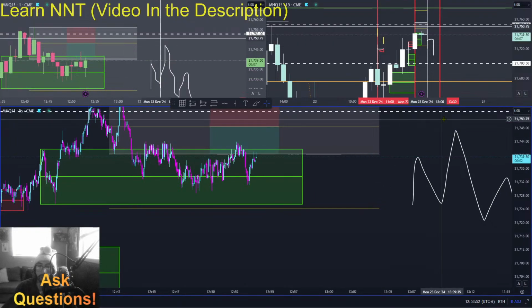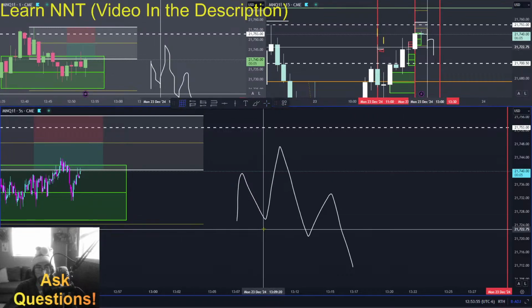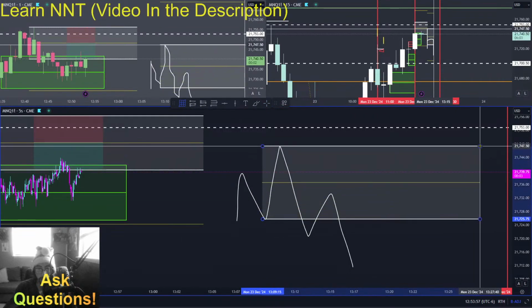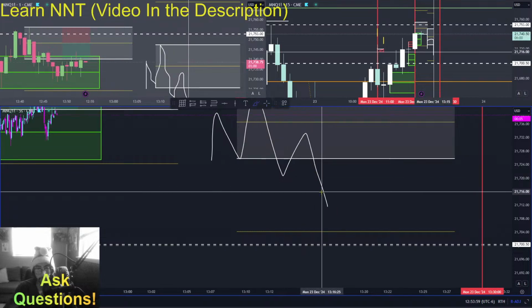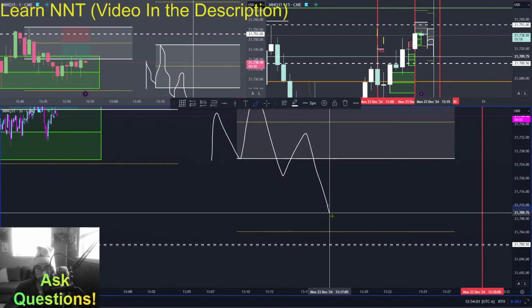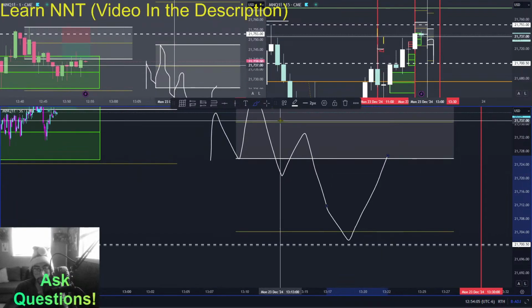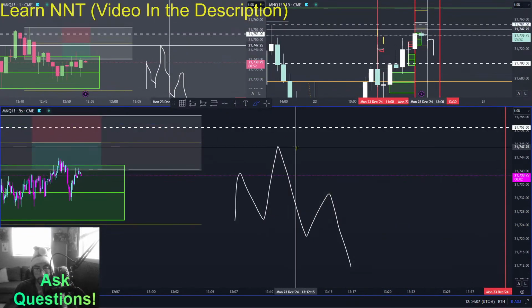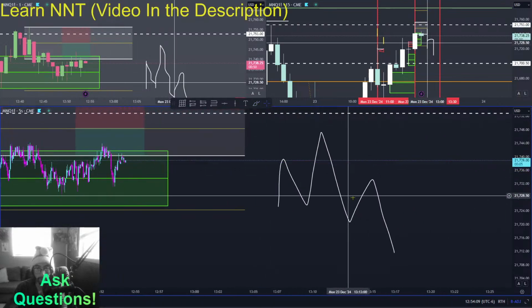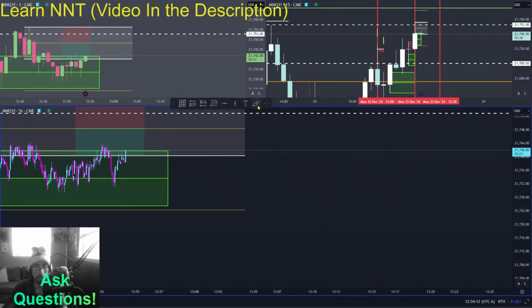So if price comes all the way to cross standard deviation and taps the zone, sorry, I did this wrong. Let me do it all over again.